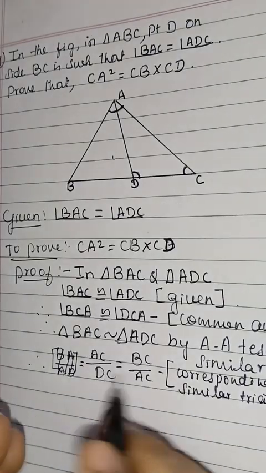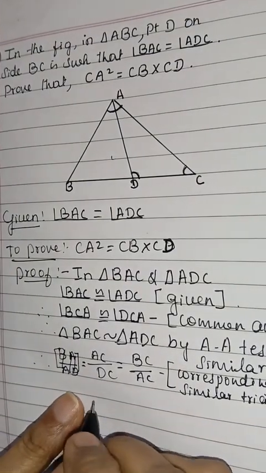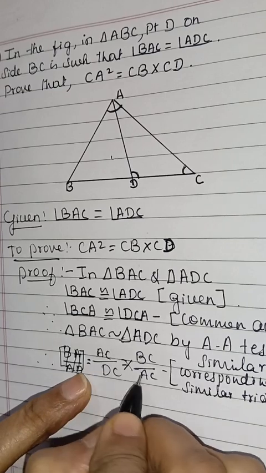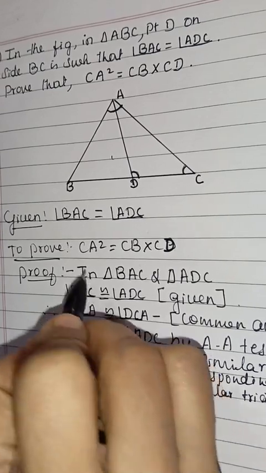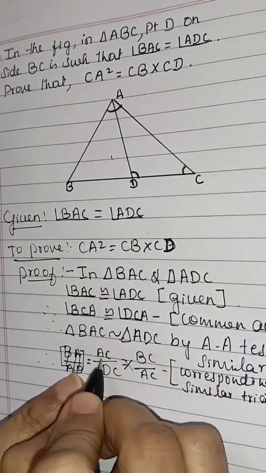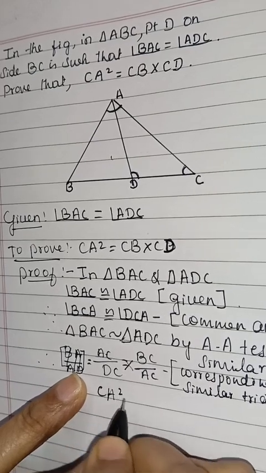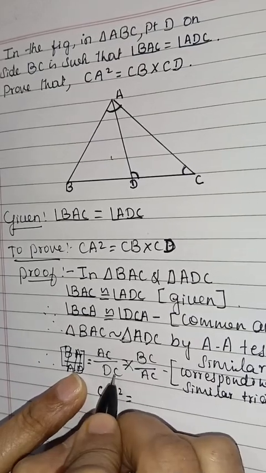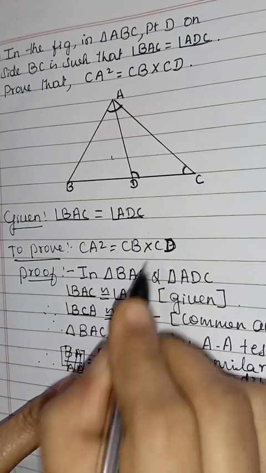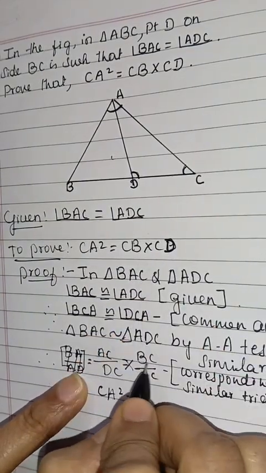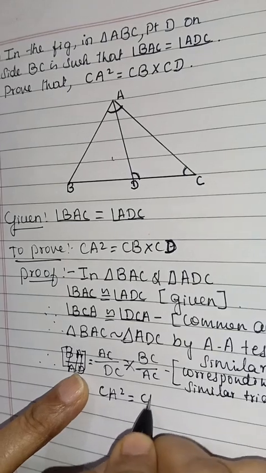So from cross multiplication, I'm writing CA square equal to CB multiplied by DC or CD. Instead of BC I'm writing CB.